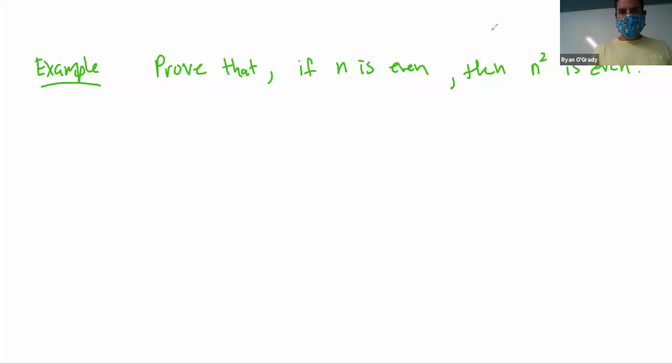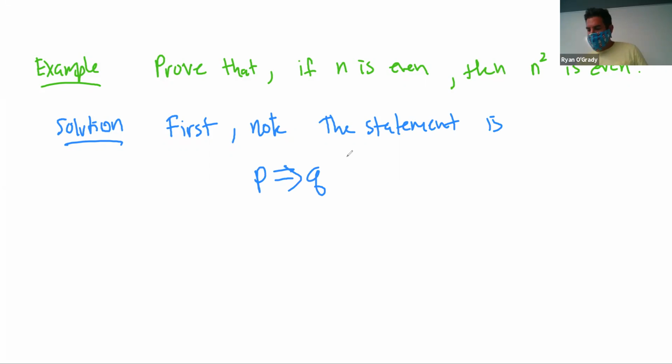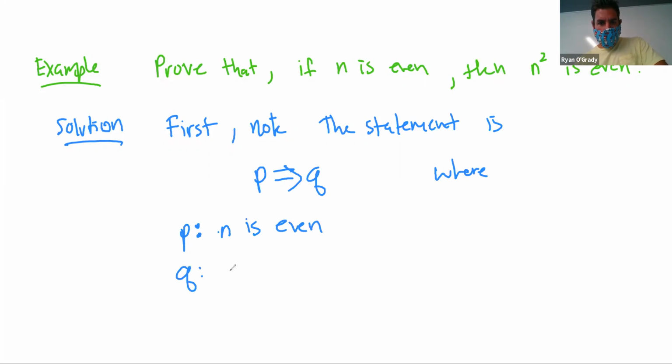Well, the first thing I would encourage you to do is first note what this statement is. This statement is a P implies Q, right? We're saying that P is the statement n is even, and then Q is the statement n squared is even.